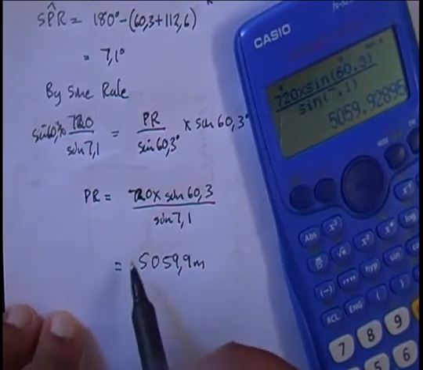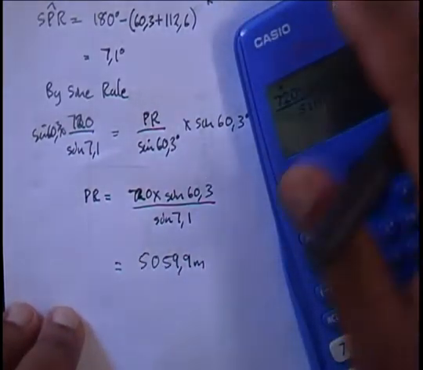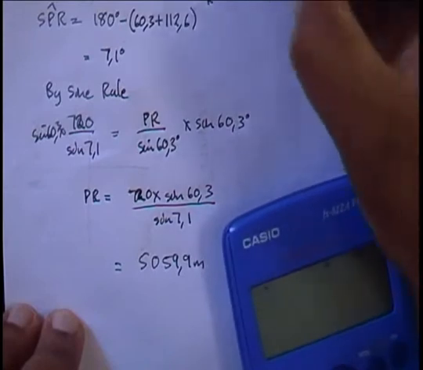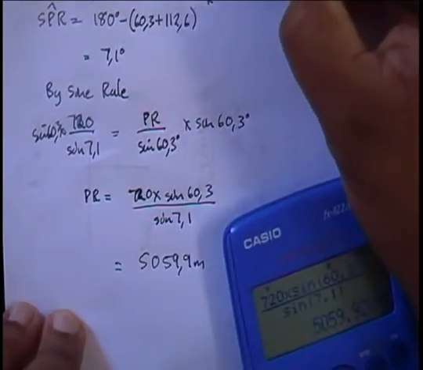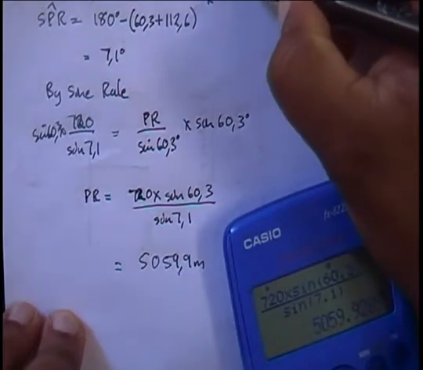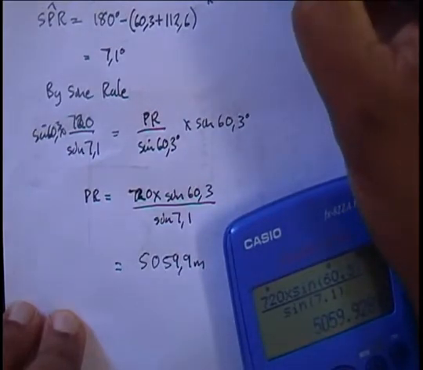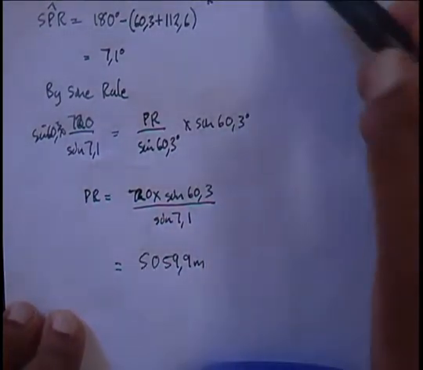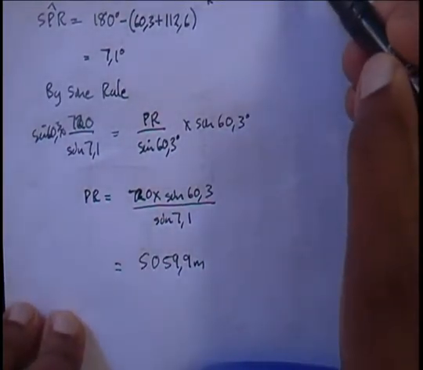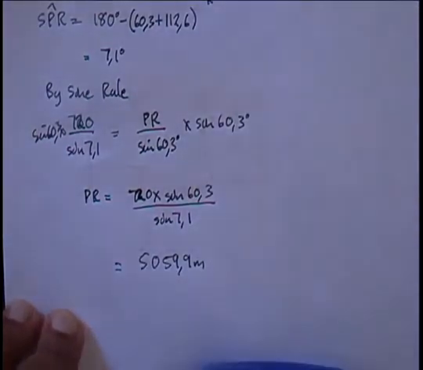Okay, so that is the length of PR. So now if I know the length of PR to be 5059.9 and I know this angle to be 18.4, then it's easy to find that using our sine ratio, because we are looking for the opposite when we know the hypotenuse.